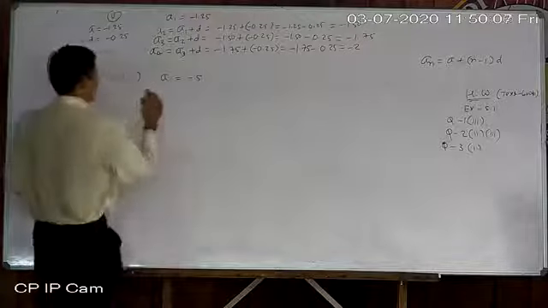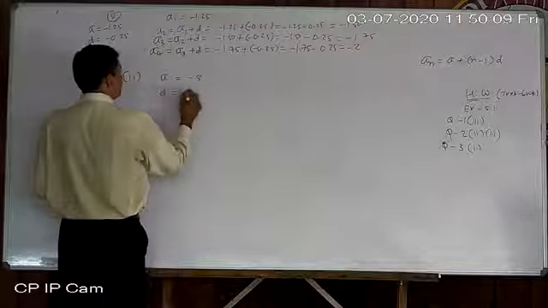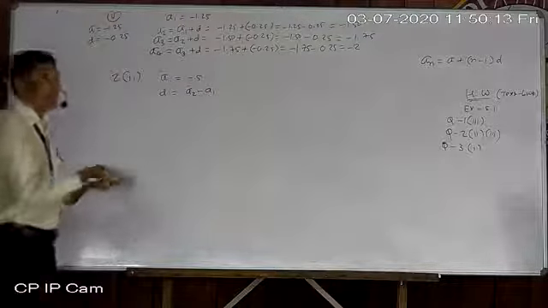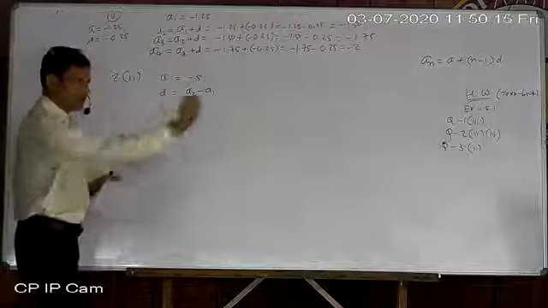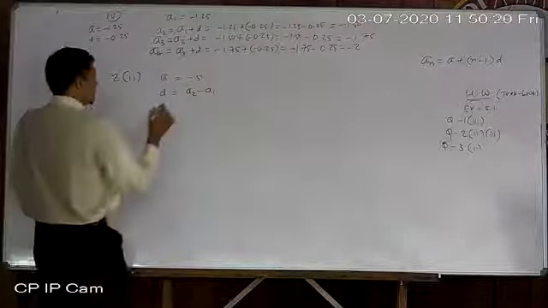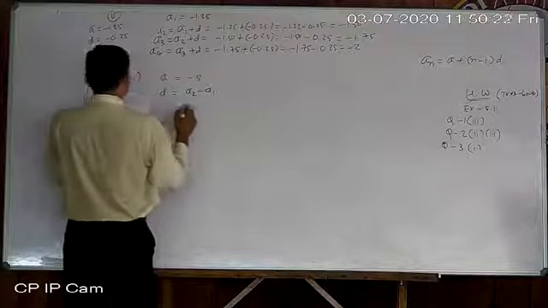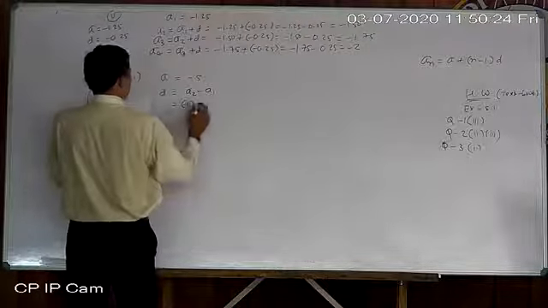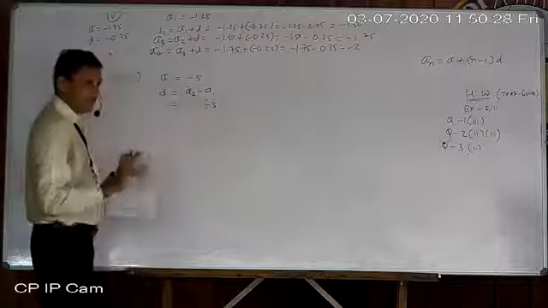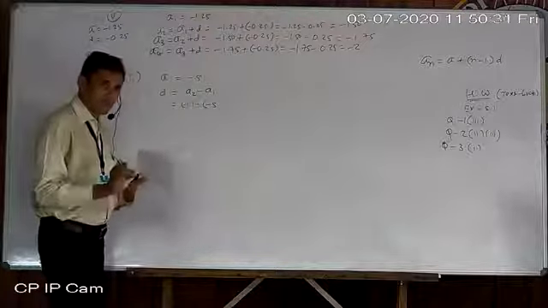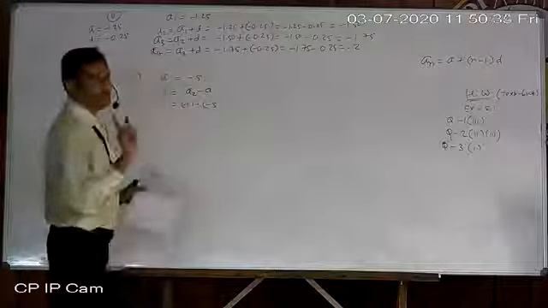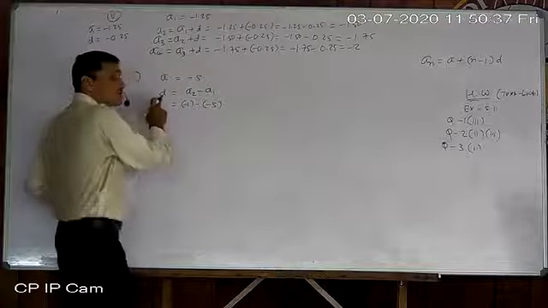But if you can't find D orally, then write down A2 minus A1, or A3 minus A2, or A4 minus A3. But always right side minus left side. Don't reverse. So A2 is minus 1 and A1 is minus 5. Be careful. I advise you, whenever a minus number or fractions are there, don't find D orally.